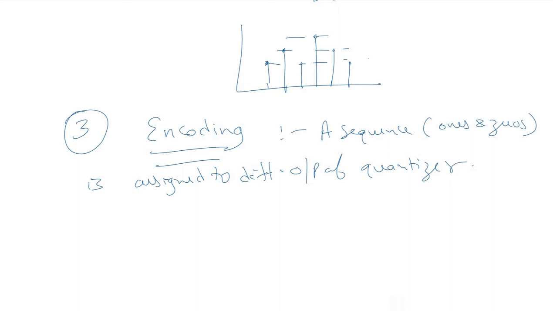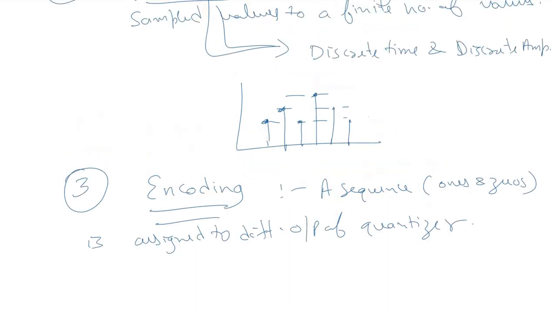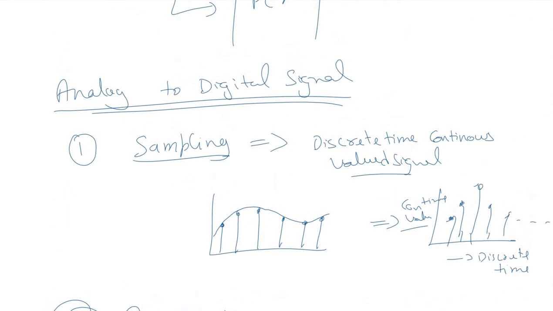So each quantized value is assigned a different sequence of ones and zeros. And since the outputs of the quantizer are finite, each sample of the signal can be represented by a finite number of bits. So these are the three important steps involved in analog to digital conversion of signals.